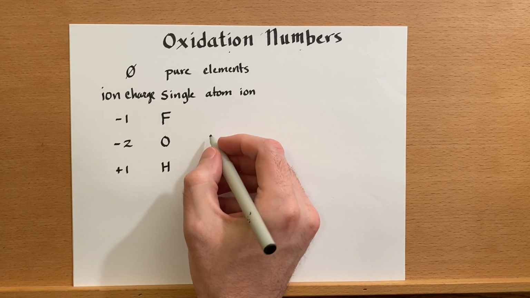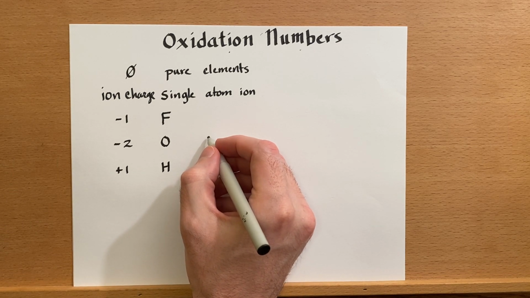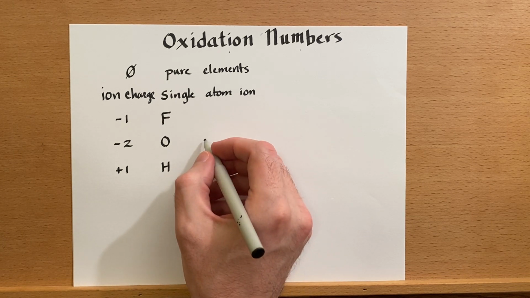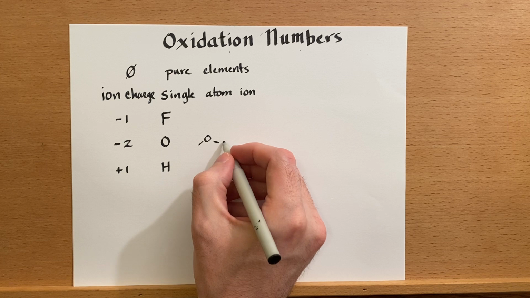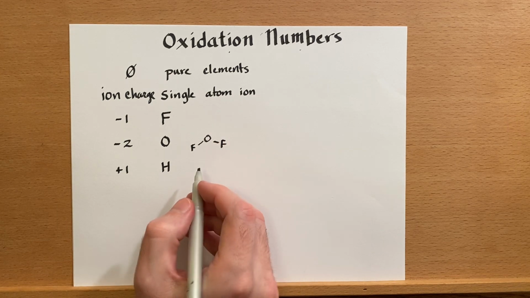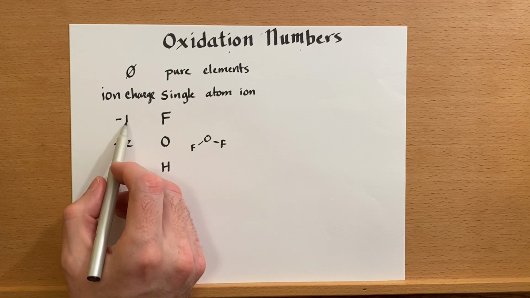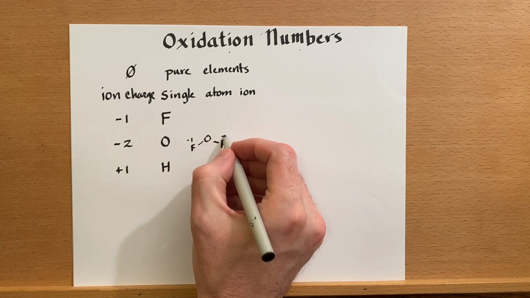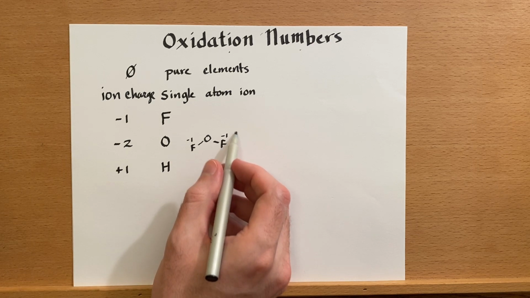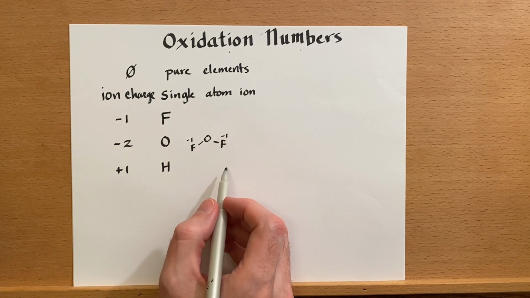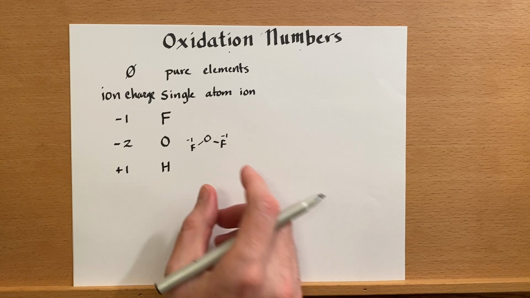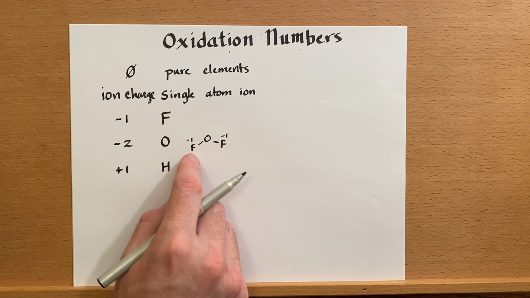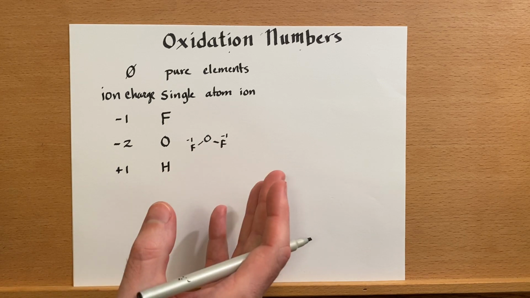For example, instead of a compound like water, H2O, we had F2O, so oxygen with 2 fluorines on it. Going by our rule that fluorine is always -1, this would be -1, that would be -1. And since this is overall a neutral compound, we'll get to that rule in a minute, the oxidation numbers have to add up to the charge of the compound or ion.